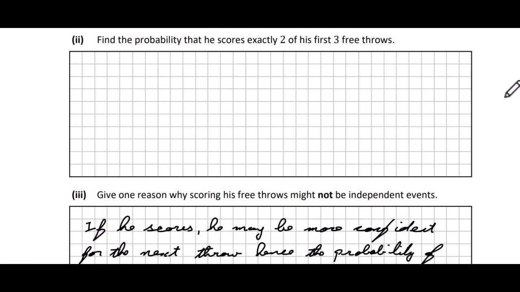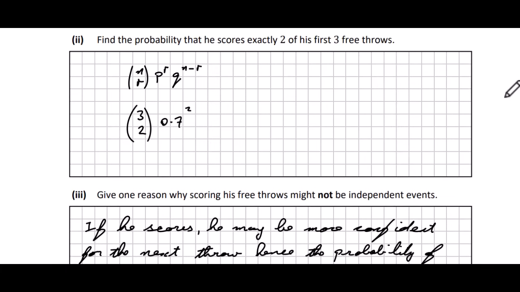Part 2, find the probability that he scores exactly 2 of his first 3 throws. So this is a Bernoulli trial, so you've got to do n choose r, the probability of success to the power of r, the probability of failure to the power of n minus r. This is what we're looking for. So the number of trials, 3, the number of successes, 2, so it's 3 choose 2. Probability of success is 0.7 to the power of r here, which is 2.